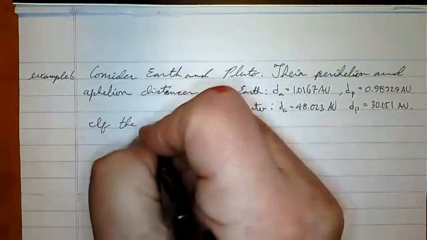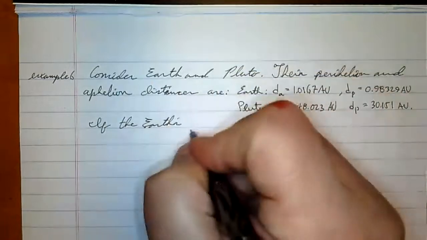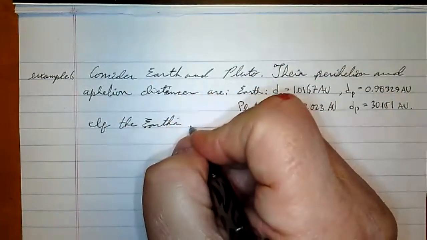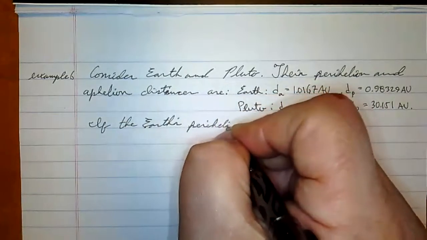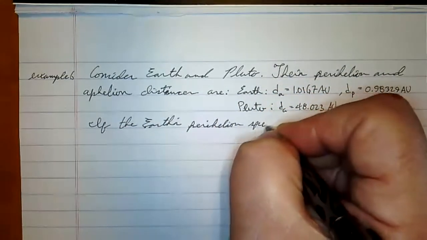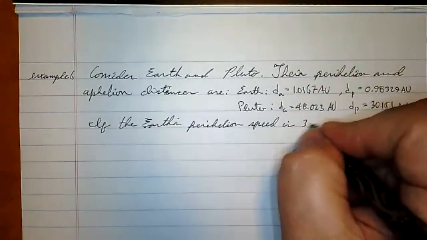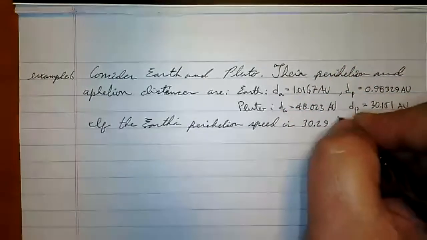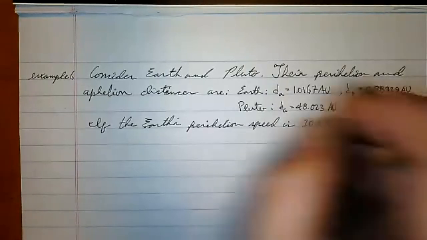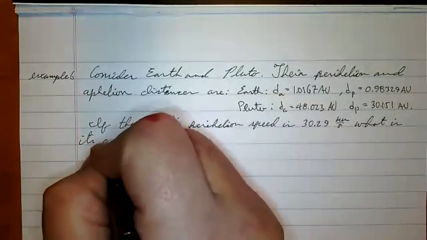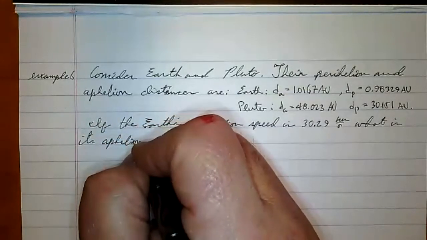If the Earth's perihelion speed is 30.29 kilometers per second, what is its aphelion speed?